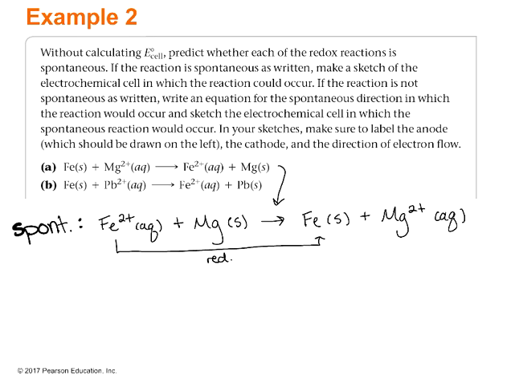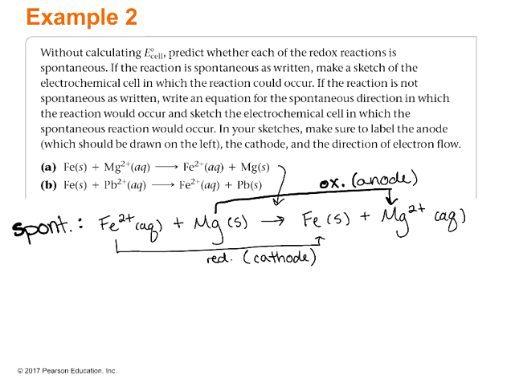The cathode. I just remember that because the two consonants go together. And then magnesium would prefer to be oxidized, and written this way it is. Is the oxidation half reaction the anode or the cathode? It's the anode. So the two vowels go together.